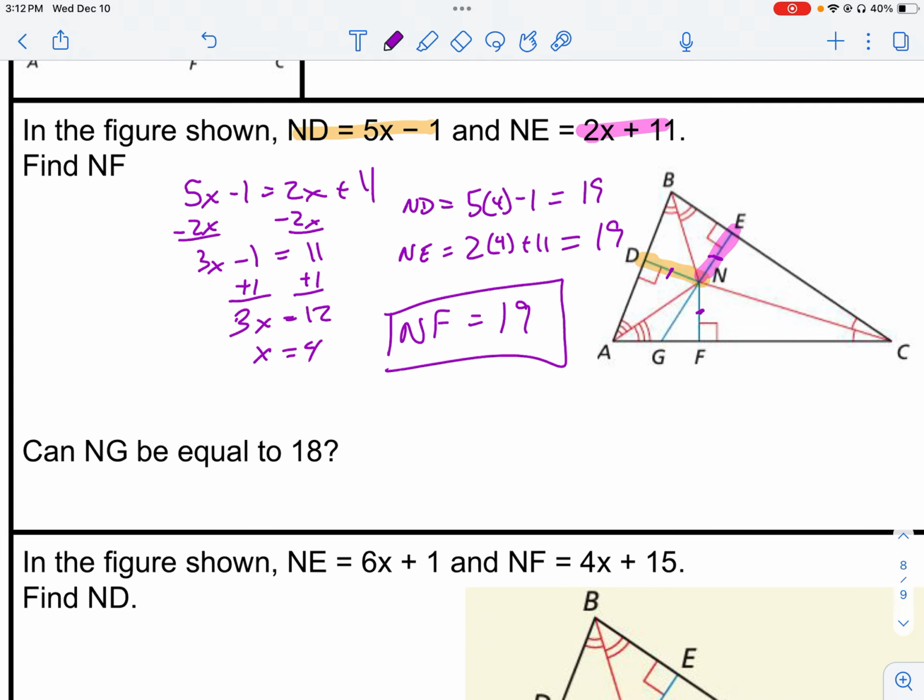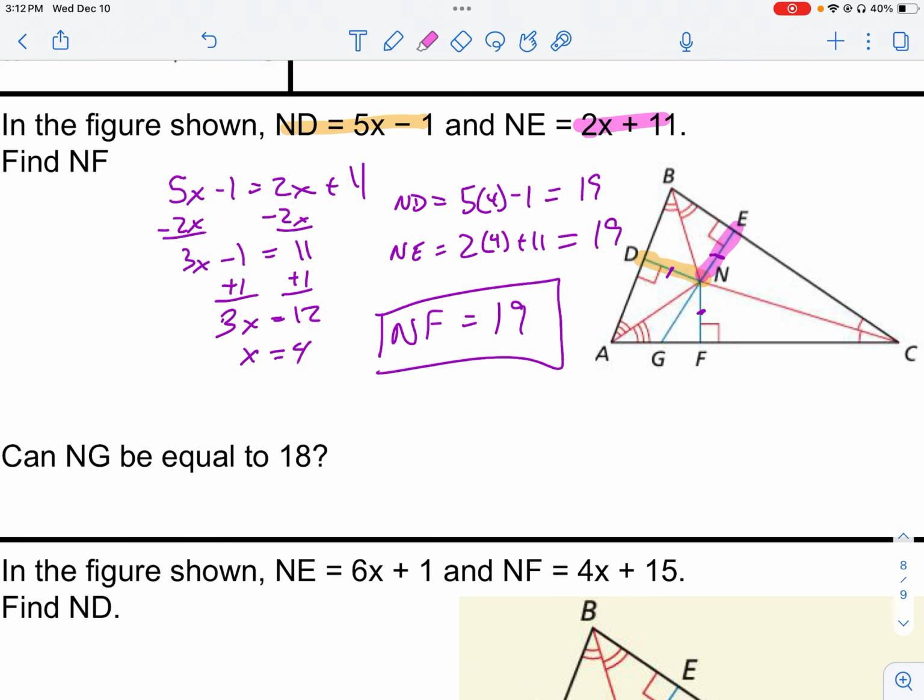Well, we have another question here. Can NG, let's see, NG's right here, can it be equal to 18? Well, 18 is smaller than 19. And we know from previous lessons that the shortest distance from a point to a line is on the line perpendicular that goes through that point.